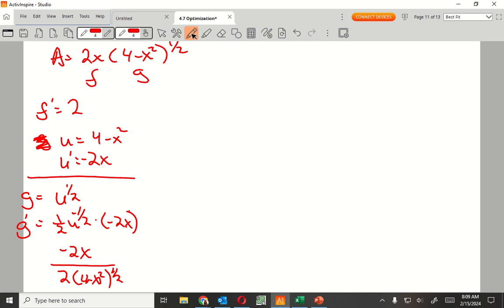Oh, I thought you could just multiply negative 2x with the 1/2. Yes, I did. Yeah, the 2's going to be up top, and I will cancel it. I just wanted to show my work before I cancel. So now I can cancel my 2's, make life a little bit easier. And that is going to be my G prime.